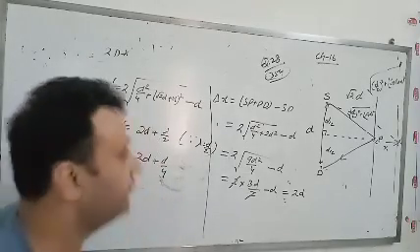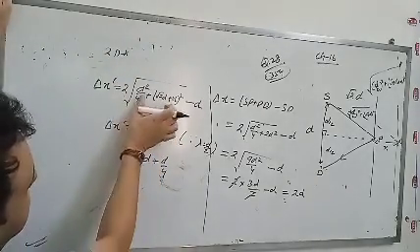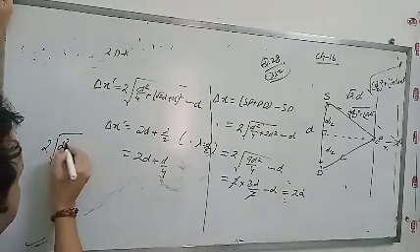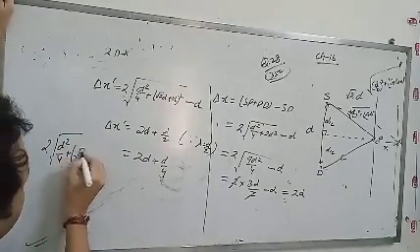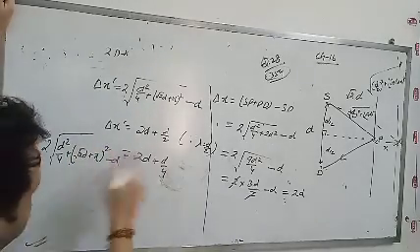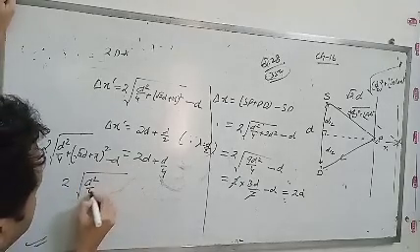Now we place the value of delta x dash here: 2 into the square root of d square by 4 plus (root 2d plus x) whole square, minus d, equals 2d plus d by 4.